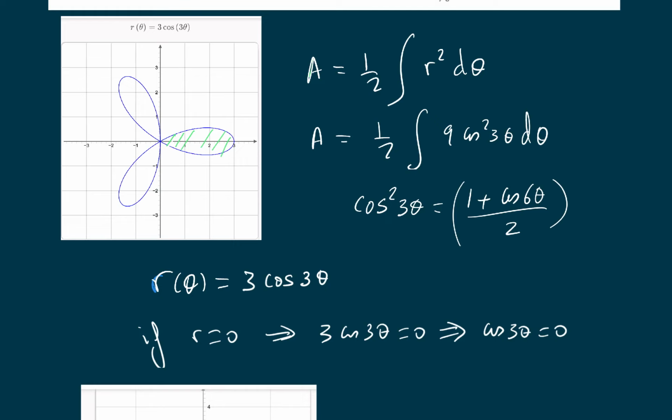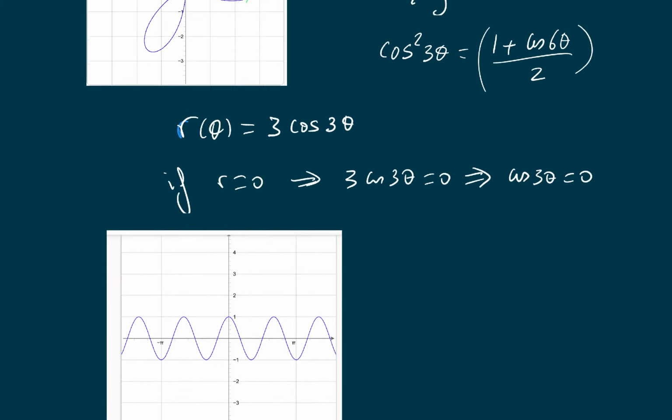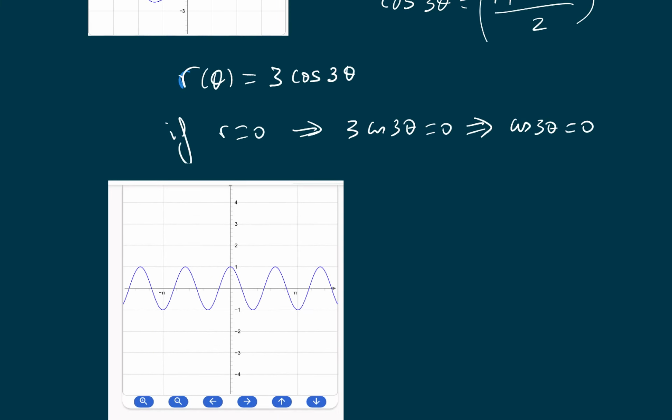So it will have more zeros than cosine of theta. So we go to the graph of cosine of 3 theta. And this is the graph of cosine of 3 theta. This is pi, and this is minus pi.